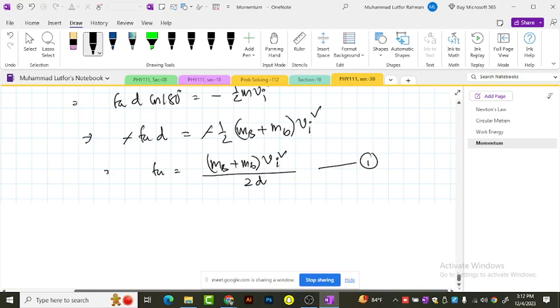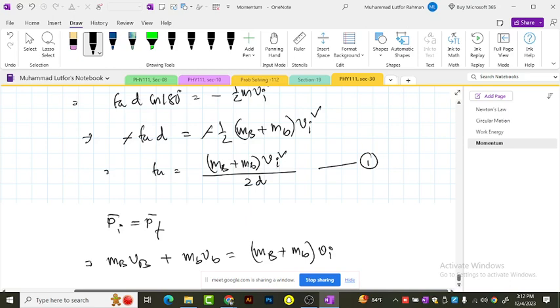Initial momentum must be equal to final momentum. The initial momentum is the momentum of the block plus the momentum of the bullet, but after the impact they stick together, so the final is the mass of the bullet plus the mass of the block into that vi, which is the velocity.